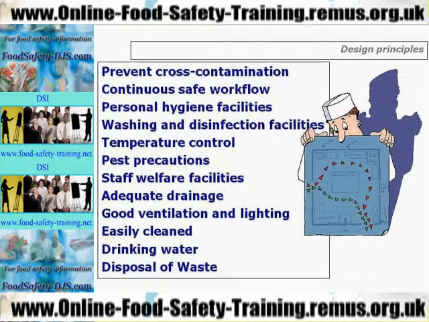First of all, when designing a food premises, you must look at preventing cross-contamination, continuous safe workflow, personal hygiene facilities, washing and disinfection facilities, temperature control, pest precautions, staff welfare facilities, adequate drainage, good ventilation and lighting, easily cleaned, drinking water or potable water, that's water from the main supply, and disposal of waste.